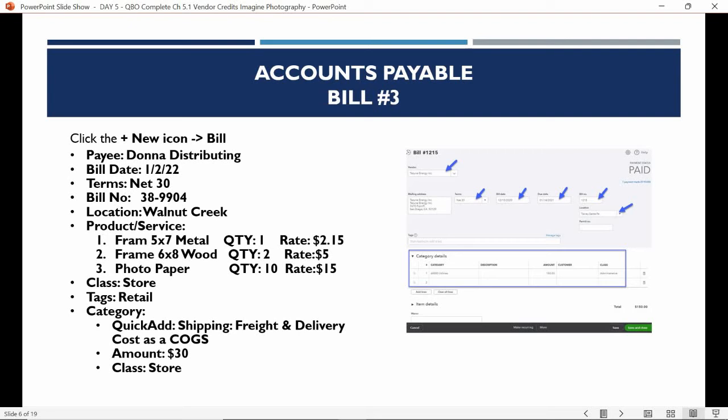So in this case, we need to recognize this bill, the one that we purchased, bill number 38999904, where we purchased 2 picture frames, a 5x7 metal and another one for 6x8 wood, total 3 picture frames, and photo paper 10 packets, for a total of I don't remember, I think it was 665 or something like that.